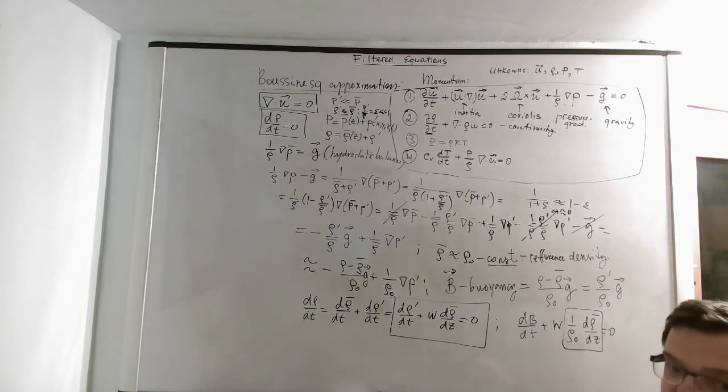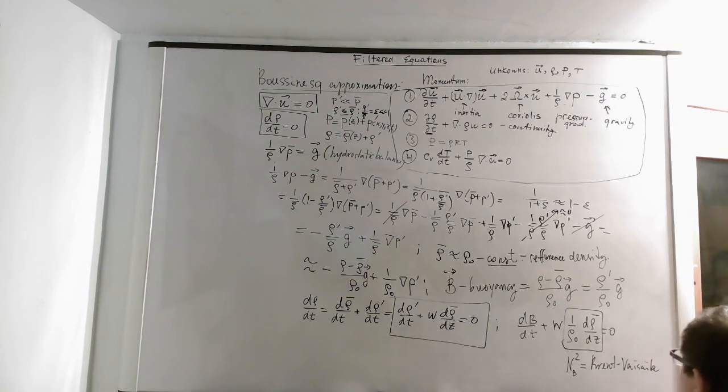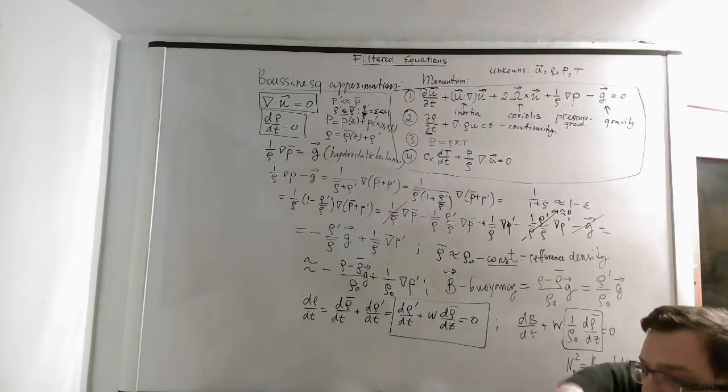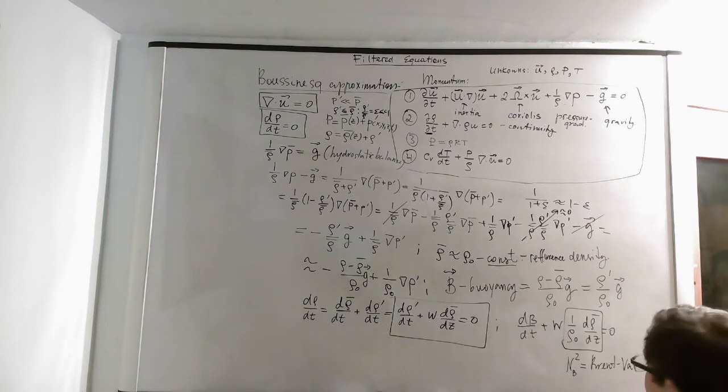This is the Brunt-Väisälä frequency, N squared. It's basically gravitational oscillation frequency given a profile of density. Brunt-Väisälä frequency.